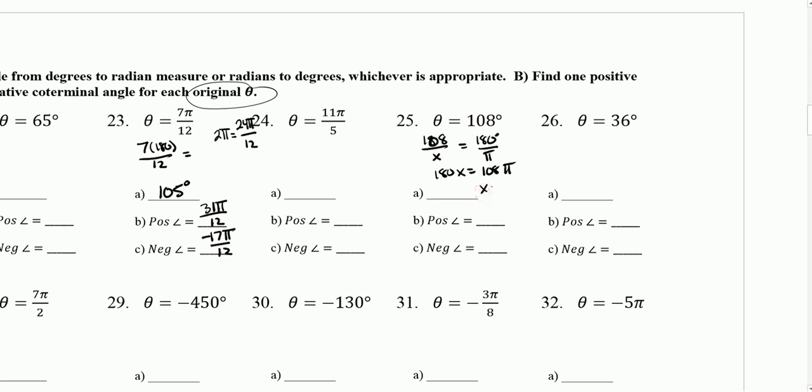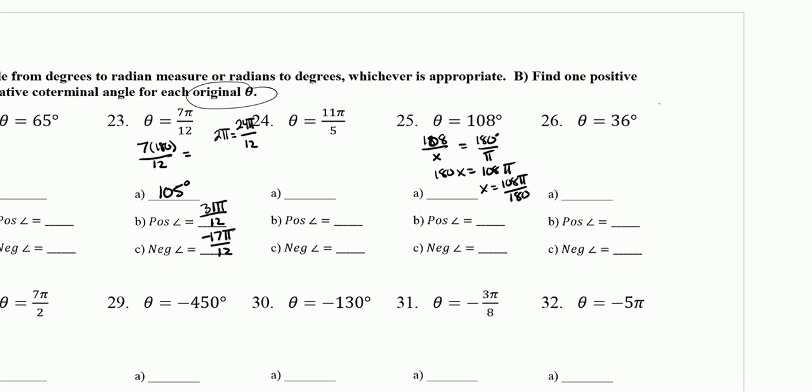Divide by 180, you get x is 108 pi divided by 180. So we're just left to reduce here. Both are even, so you can certainly divide by 2, but the 108 and the 180 you can also divide by 4.